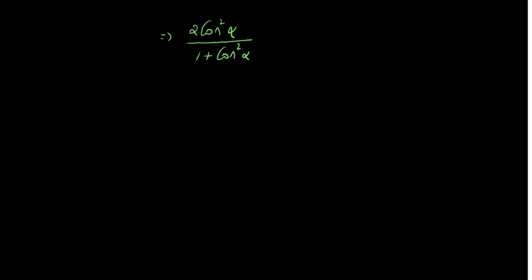Again, if I want to simplify it, sin square alpha plus cos square alpha equals 1, so I can get it in terms of sin square alpha. Still I can simplify it. If you want, you can leave it as it is here, or still simplify it as 2 times cos square alpha by sin square alpha. Right? And still further it can be written as 2 times tan square alpha as well.